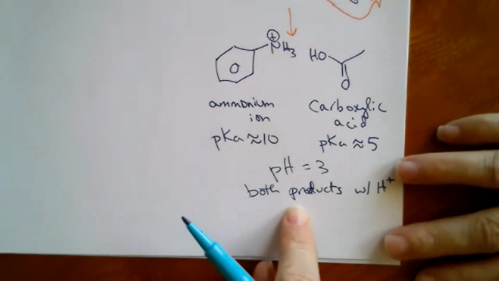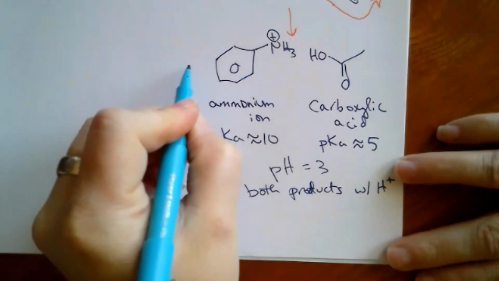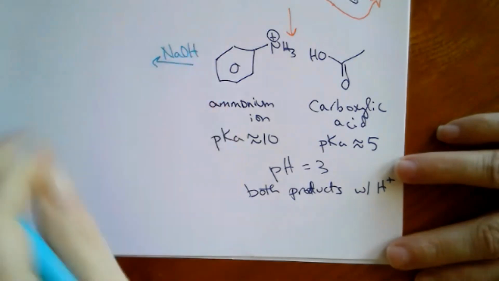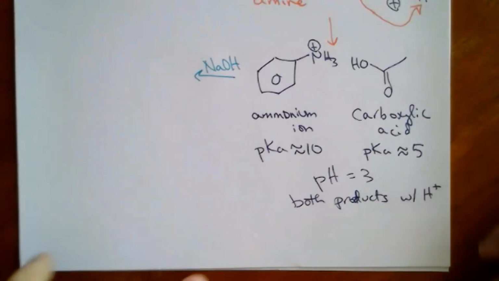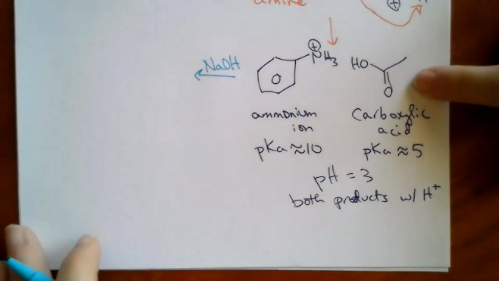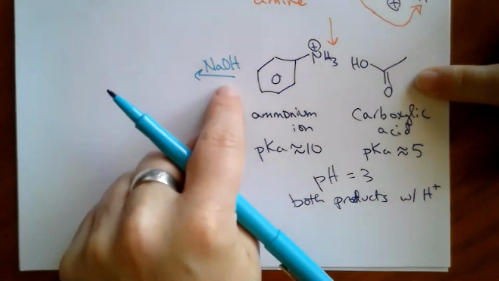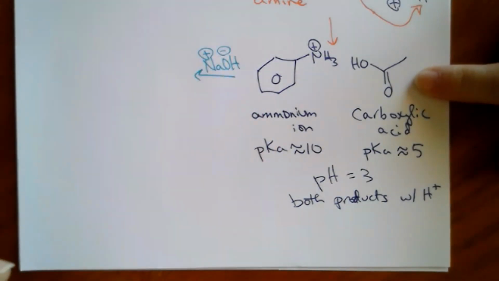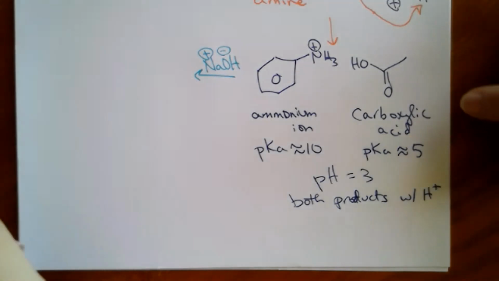If you look back at your PowerPoint, after the acid and water stuff, sodium hydroxide was added to the mixture. So acid and water did all the stuff up to this point, but then sodium hydroxide is added to the mixture. What's the sodium hydroxide there for? It's to help neutralize each of your components.